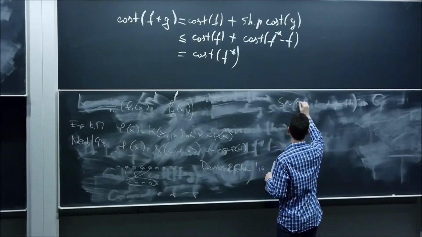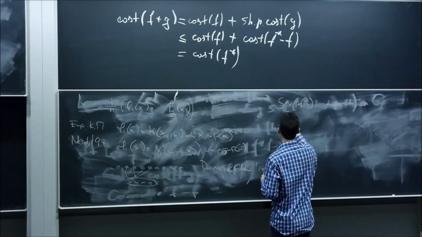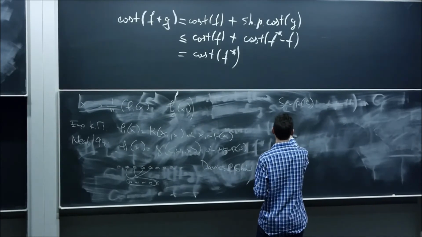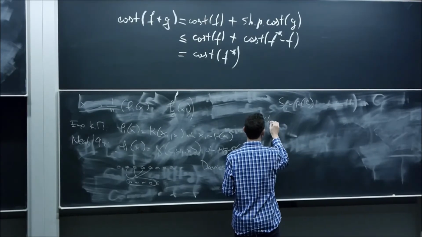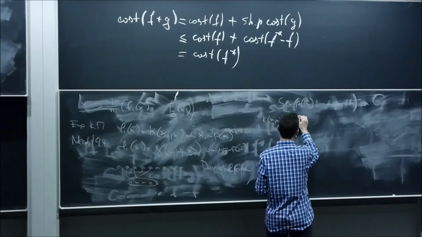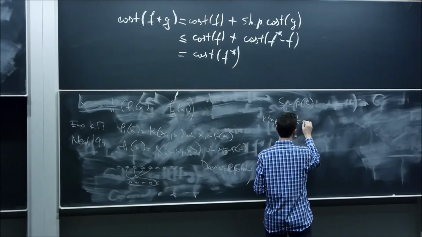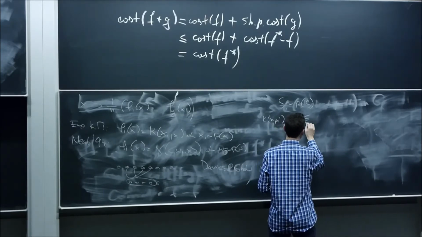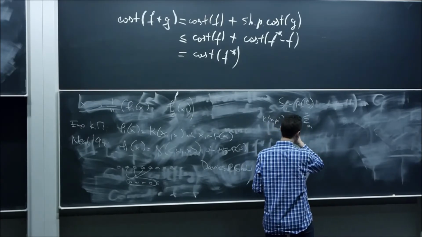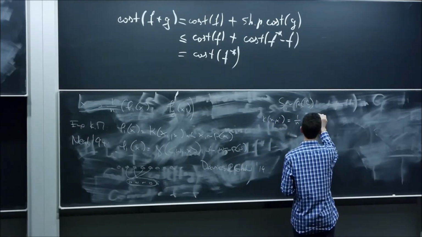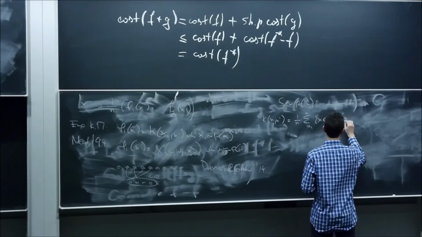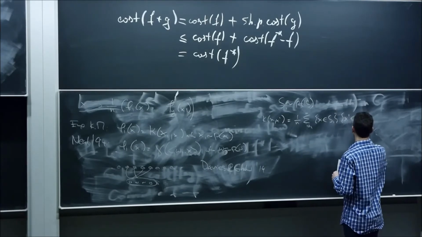S are drawn from some P of S. And I can define a kernel K of x and x prime to be the empirical estimate of the probability that x and x prime are both in the same set. In other words, I have x in Si, x prime in Si.